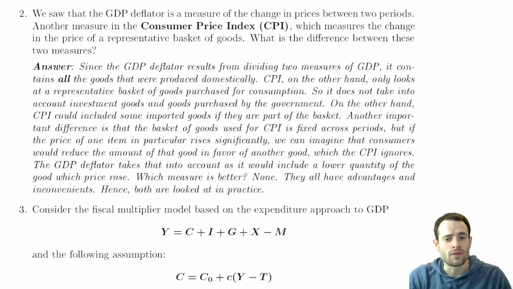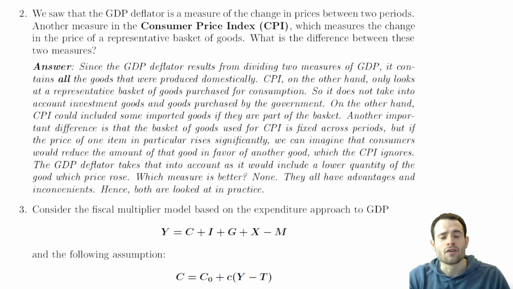So when we refer to inflation, we typically refer to the increase in what we call the consumer price index. It measures the change in the price of a representative basket of goods. We keep this basket constant between two consecutive periods.